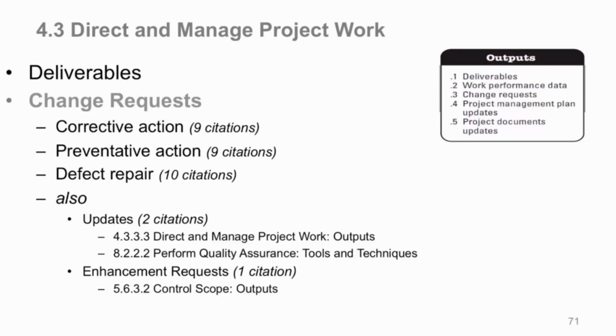Updates: a change request update has 2 citations as a change request, in integration management under 4.3, which is here, and in quality assurance. So that would lead you to believe there's a 4th type. And there's also one change request for enhancements, with 1 citation, in scope control as an output. So technically, there could be 5 types of change requests.